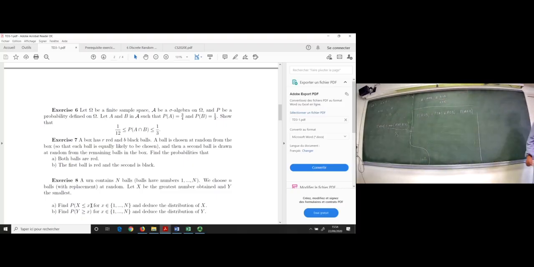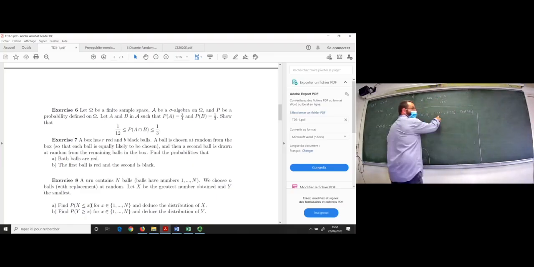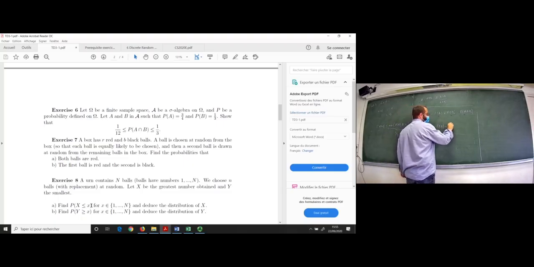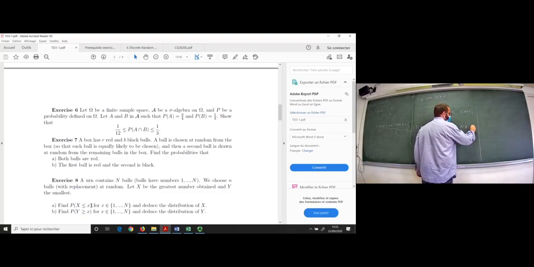Okay. So I have this one. What I know? I know this one. I know this one. I want this one. So to have knowledge about this one, I can write that P of the intersection is equal to P of A plus P of B minus P of the union. In general, it's not this way.